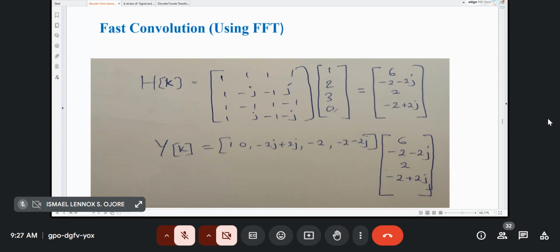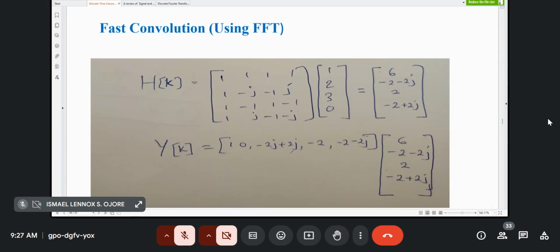It's not a big deal, because when you say 1, 2, 3, it means the next sample is 0. That's why you are not including it. So you simply add that sample and multiply.